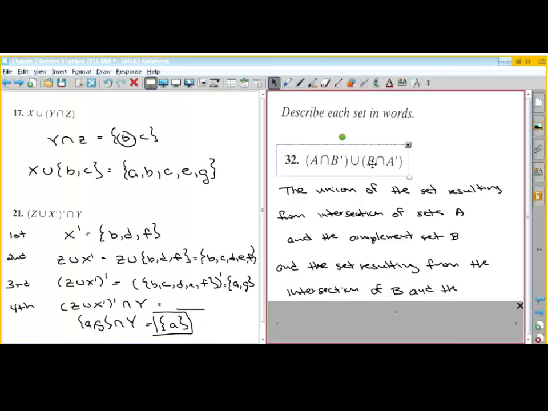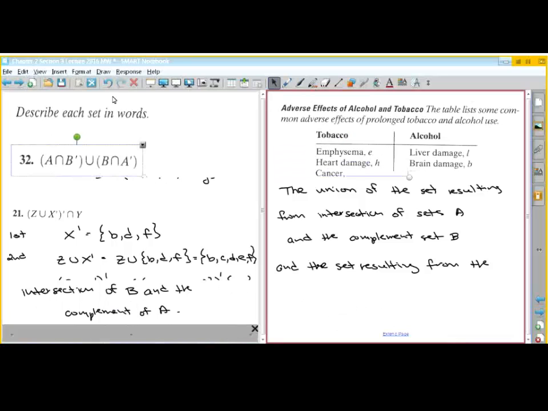The set resulting from the intersection of set B and the complement of set A. I didn't put set there, but I probably should have. So it takes a little thinking to figure out how to say that in the right order so that if I describe that, you'd be able to write it out. So it's tricky to do, so that's why I'm not testing you on it, but they did have it in the back of the chapter, so I figured I would at least talk about it.